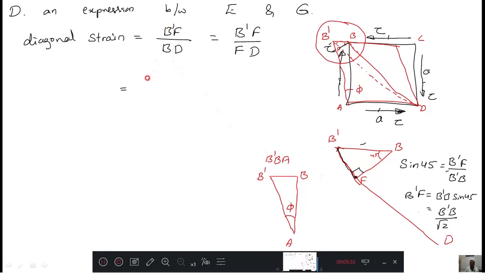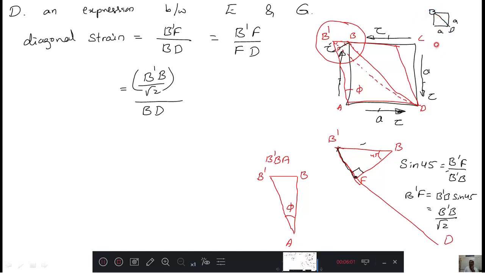I write that as B dash B by root 2 in the numerator, and BD in the denominator. What is BD? In this diagram, this is a square, with sides A and A, and BD is the diagonal.